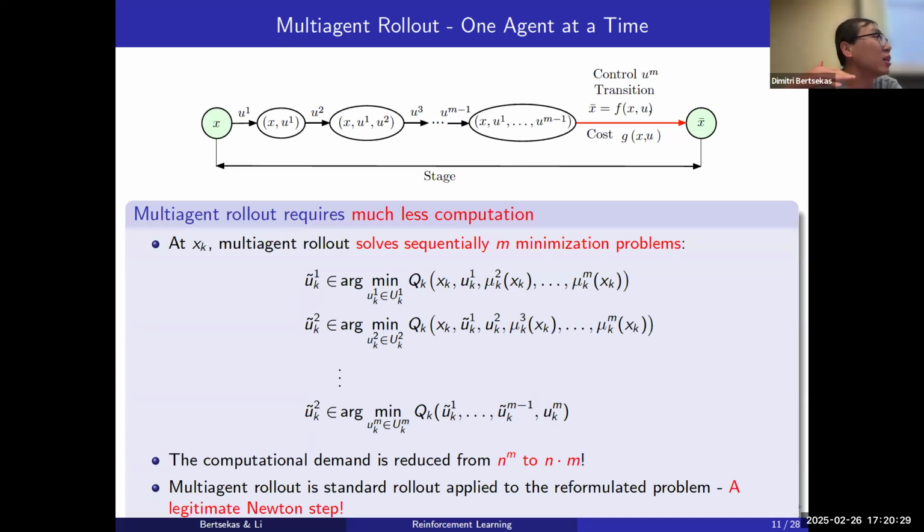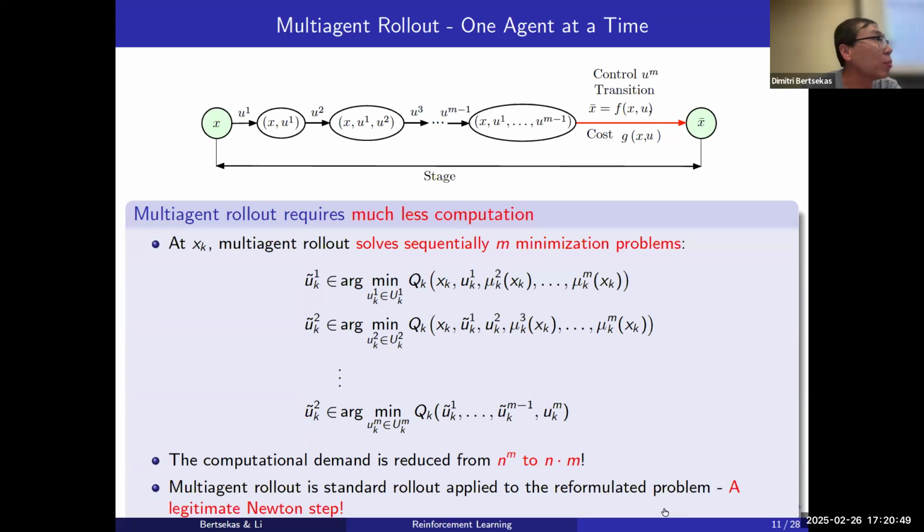But essentially, for multi-agent rollout, after sequentially solving these M minimization problems, for the last minimization problem we get some minimum number, right, where this u_k tilde M attains.